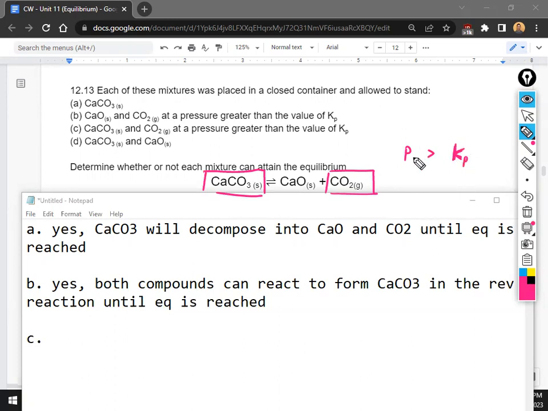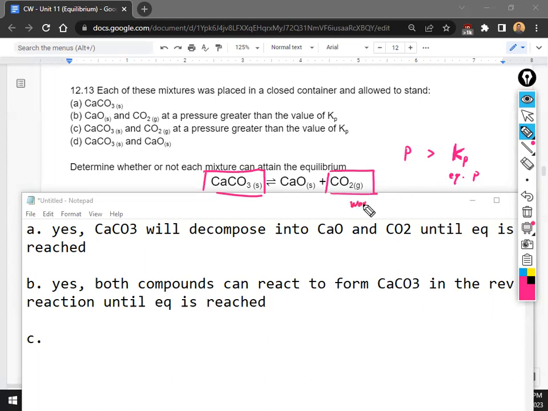So if the pressure is greater than Kp, does it want to increase pressure? If the pressure is greater than Kp, which is the equilibrium pressure, the pressure it wants to be, what does the system want to do? Does it want to reduce the pressure or increase the pressure? Yeah, it's gonna want to reduce.